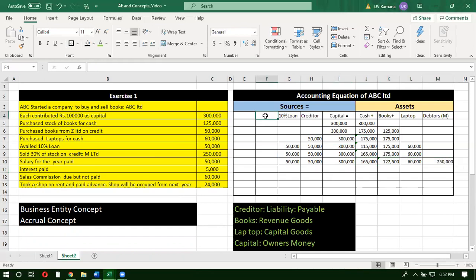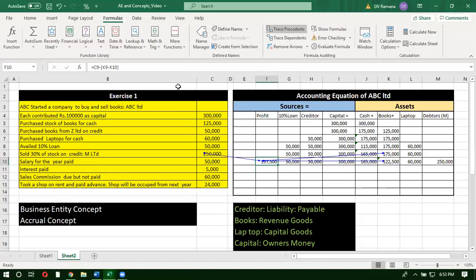So there is a new term here, a new item which is visible by calculation, called profit. The profit that we are making is 250,000 minus 175,000 minus 122. That means I'm making a profit of 250 minus the cost of the goods sold.